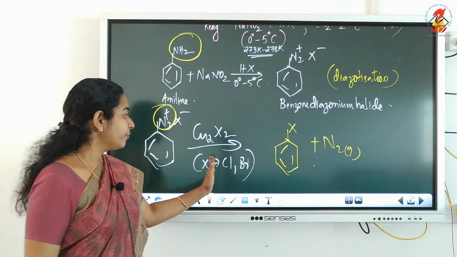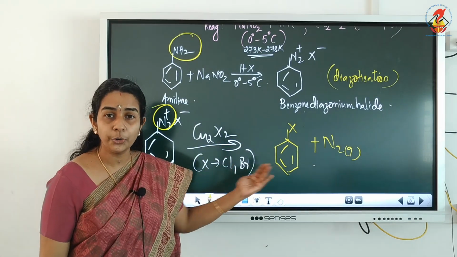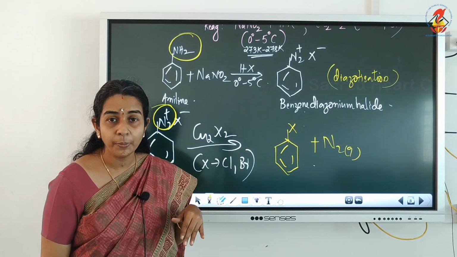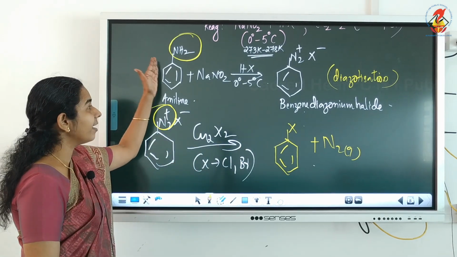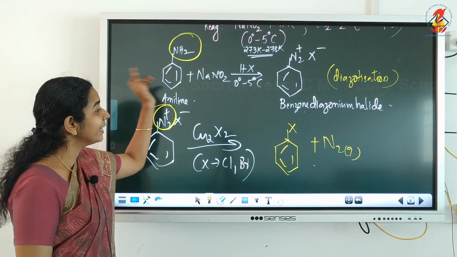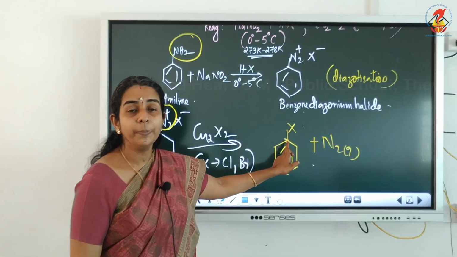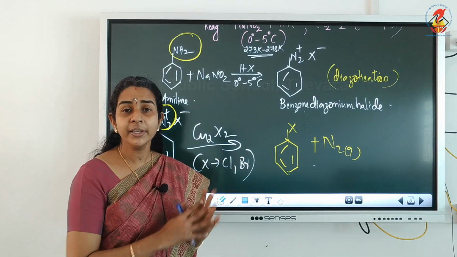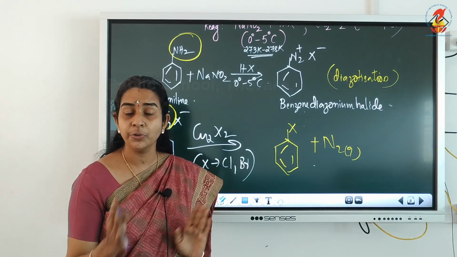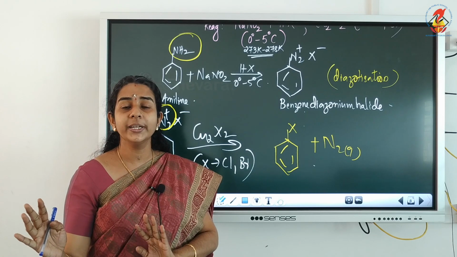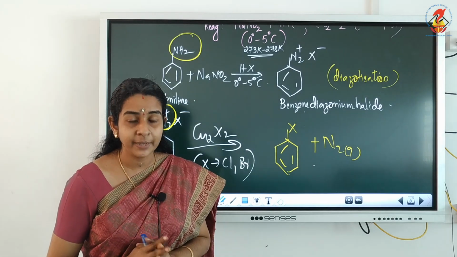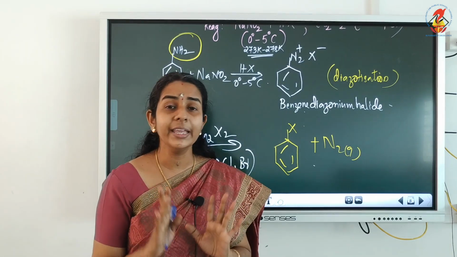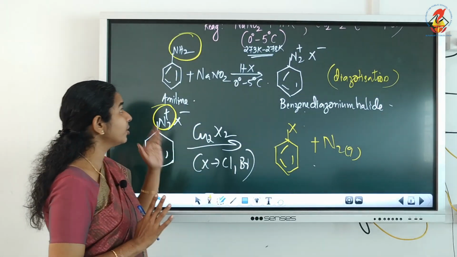That means if X is chlorine, we will be getting chlorobenzene, and if X is bromine, we will be getting bromobenzene. So we started the reaction with aniline and we got chlorobenzene or bromobenzene. So a very important point: Sandmeyer's reaction is actually the conversion of aniline to chlorobenzene or bromobenzene. That means we can replace the NH2 group by halogen. This is the reaction once again.